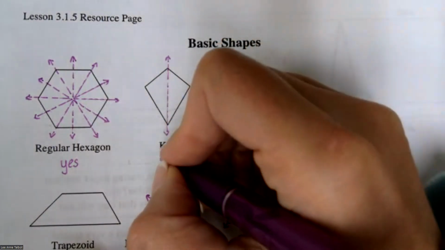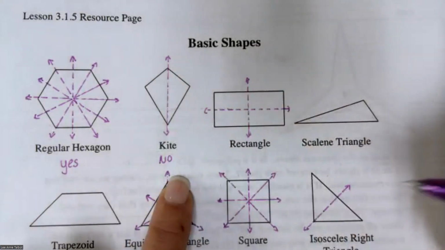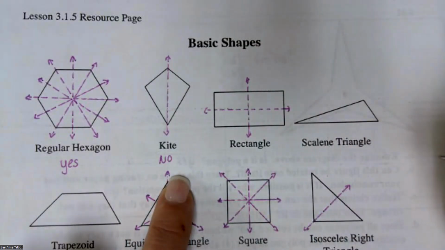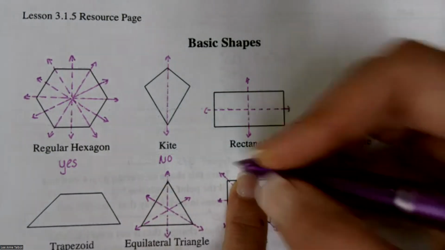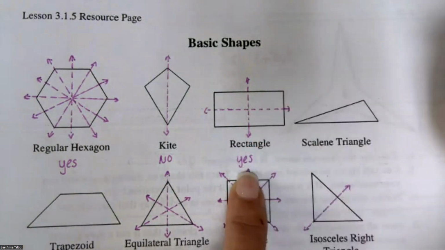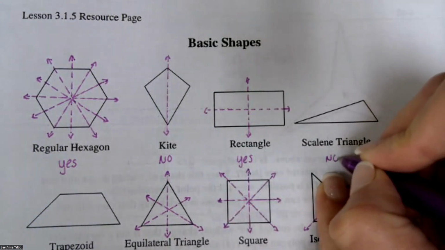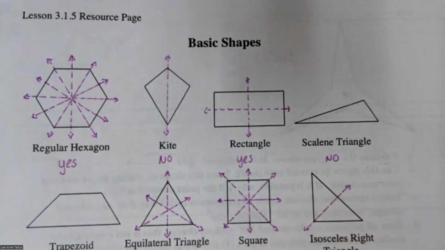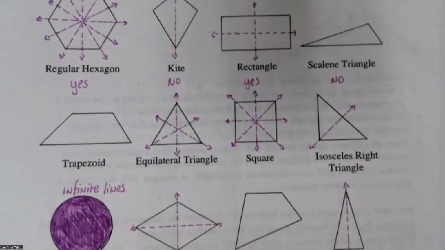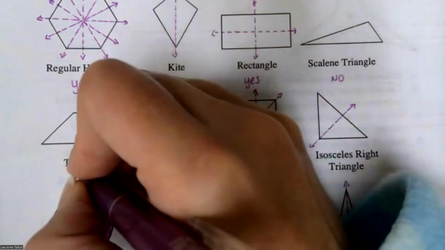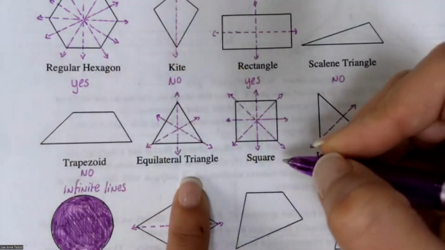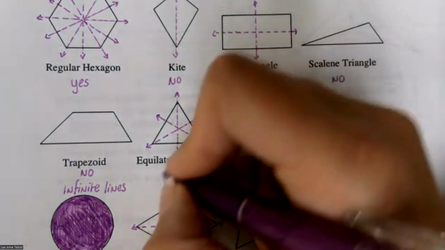No. And we're not going to figure out all the angles of it. We're just answering yes or no here at the moment. What about the rectangle? Yes. No. Talia's on fire. Good. Okay. What about the trapezoid? Nope. Equilateral triangle? Yes.